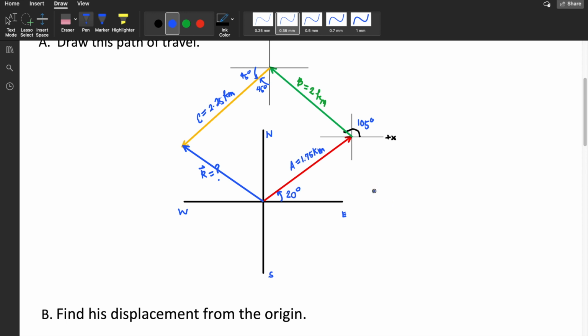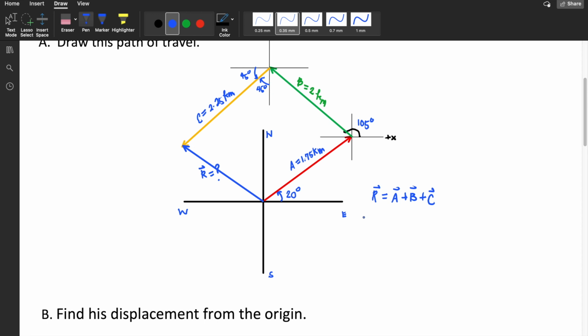If and only if he returns to his original point, or point of origin, the displacement is equal to 0. But in this case he did not return, so the displacement is not 0, and it has a magnitude and a direction.